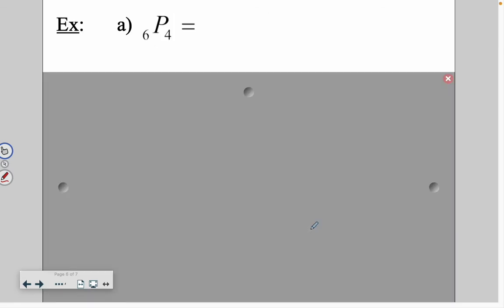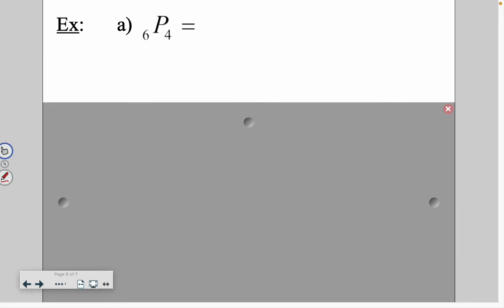Let's do the math a little bit. We're going to do it by hand, and then I'm going to show you on the calculator too. So in this case, if we use the formula we just came up with, I'm trying to find how many different arrangements there are for 6 permutations of 4. I'm going to use the factorial, and then we'll also talk about the blanks idea.